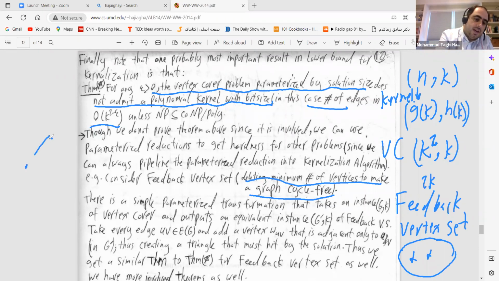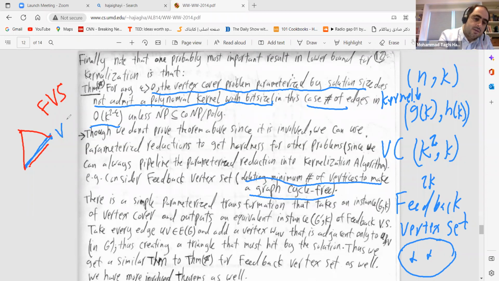Consider each edge in the vertex cover instance. I will put a new vertex for each edge. So this is feedback vertex set, and I will still keep this edge.